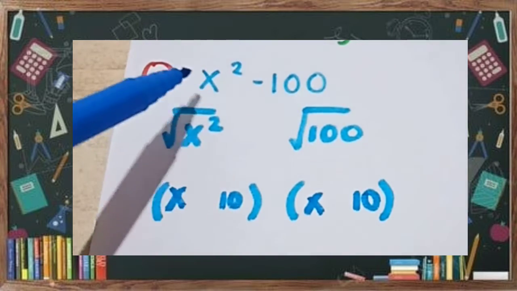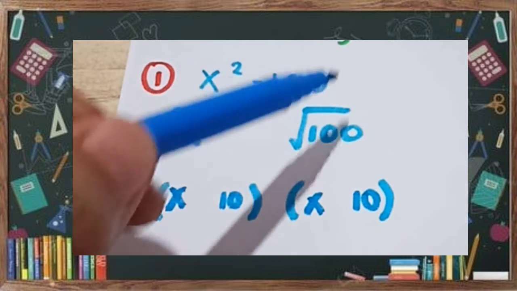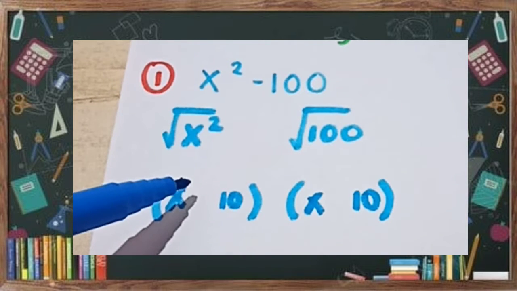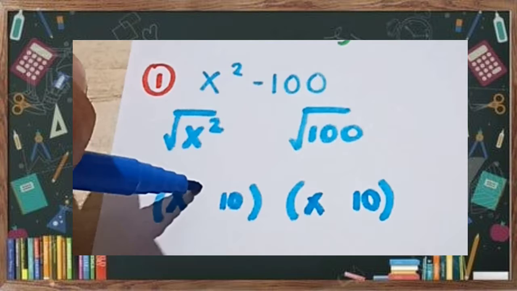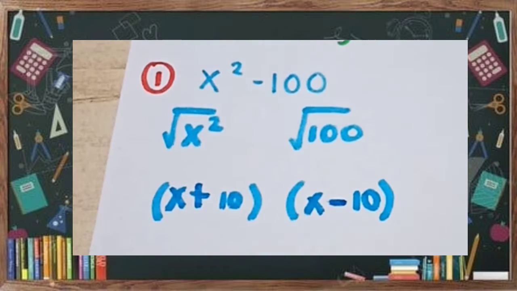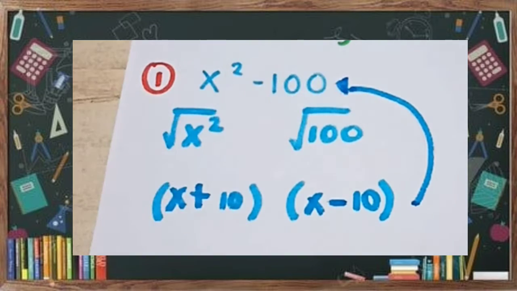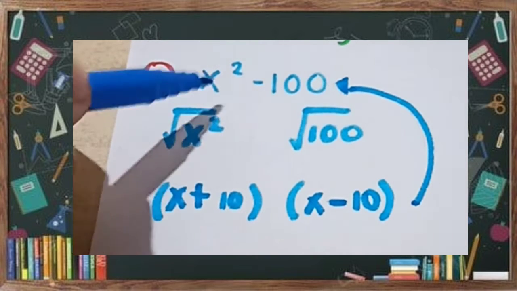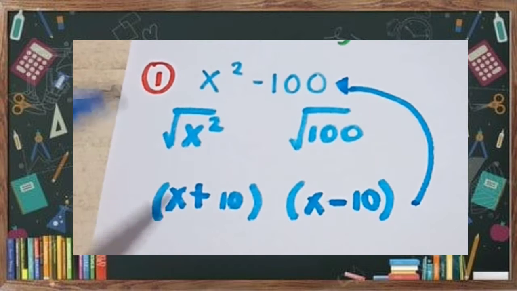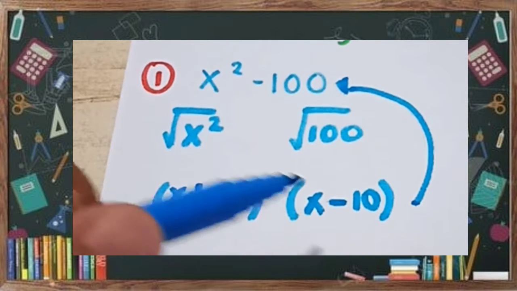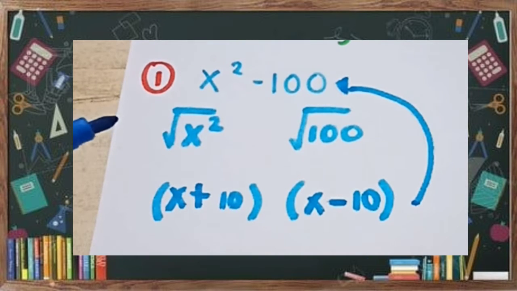Ngayon, since meron tayong sum and difference of two squares, ang magiging sign ay isang positive at isang negative. Kung saan kapag pinag-multiply natin tong dalawa, ang sagot ay itong ating given. Okay? Therefore, ang factors ng x squared minus 100 ay x plus 10 and x minus 10.